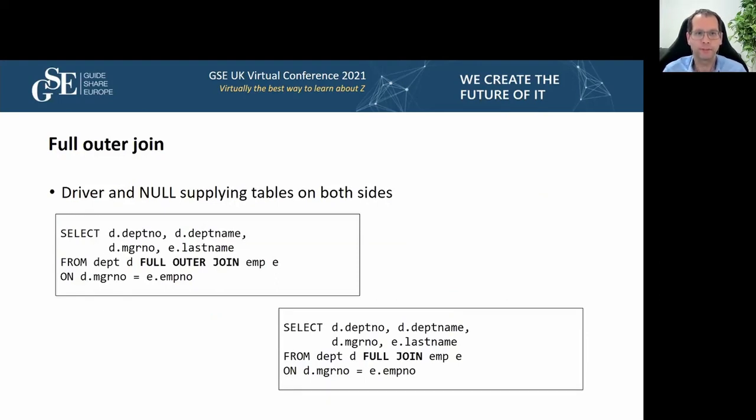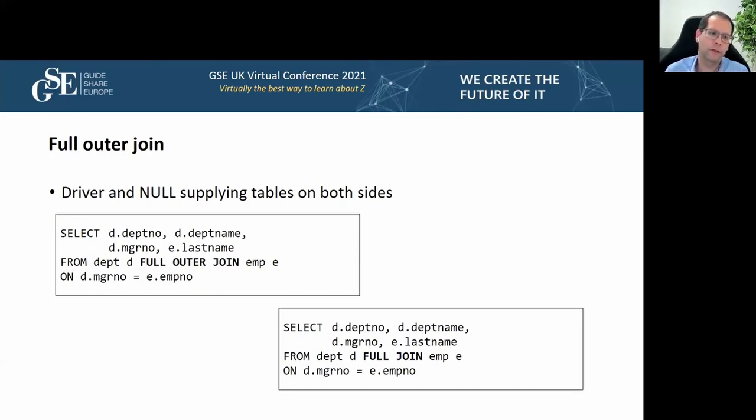Full outer join is a bit different. In this case, driver and null supplying tables are on both sides. So you have inner join data, then you have the left outer join data, but also the right outer join data. So now it contains everything. I think we are comparing or joining department and employee, but now the join condition is different, I believe.